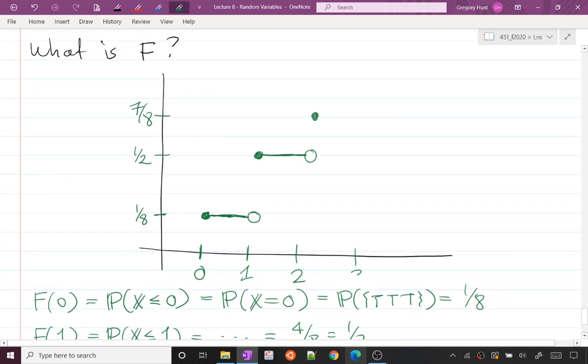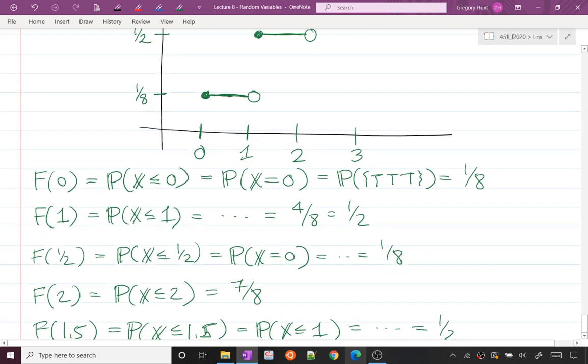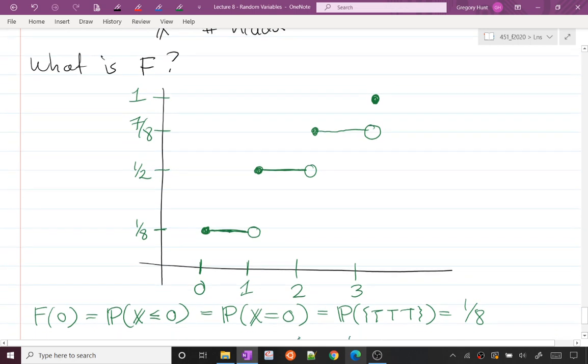And I could ask F of 3: what's the probability I have less than or equal to 3 heads? That always happens. The probability is actually 1 at 3. But between 2 and 3, it's going to stay at 7/8.